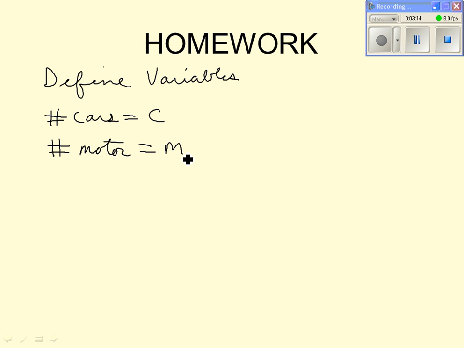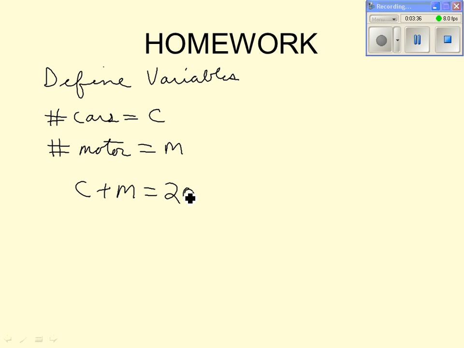What do you do with the motorcycles and the cars to get the total? C plus M equals 20. Cars plus motorcycles should equal 20. Bad thing with that, can we solve that? It's got two variables in it.